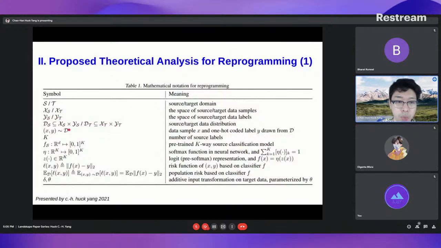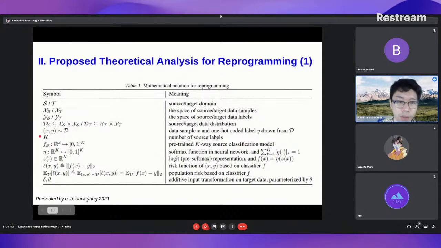Then we have two distributions, the source data set and the target data set. Each time, we just sample a pair from this data set for training data or validating the result. And then we have the source label, because if we want to fix the model, the source label is the issue.